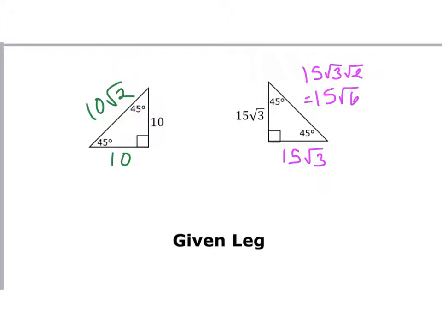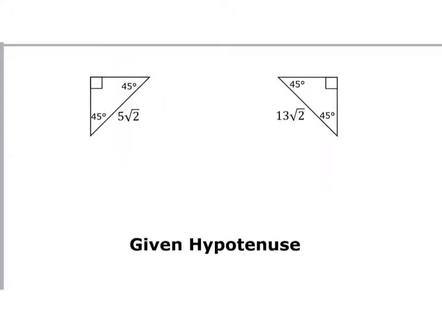And then the next section just has us working backwards because we're going to start with the hypotenuse instead of legs. So if my hypotenuse is 5 square roots of 2, what were my two legs? 5 and 5. If my hypotenuse was 13 square roots of 2, what were my two legs? 13. Okay.